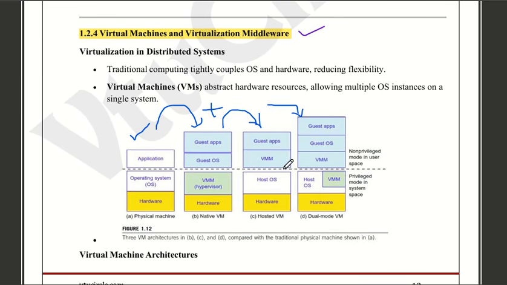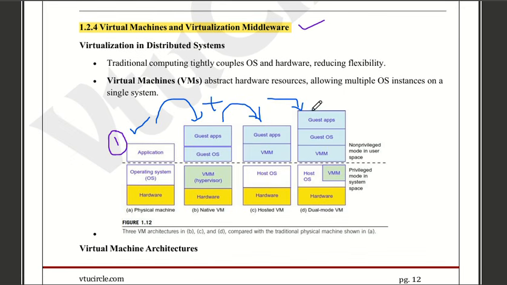This is the VM architecture, where the first one is the traditional physical machine, and the next are the native, hosted and dual-mode virtual machines. All three are modern VM architectures, compared with the physical machine.